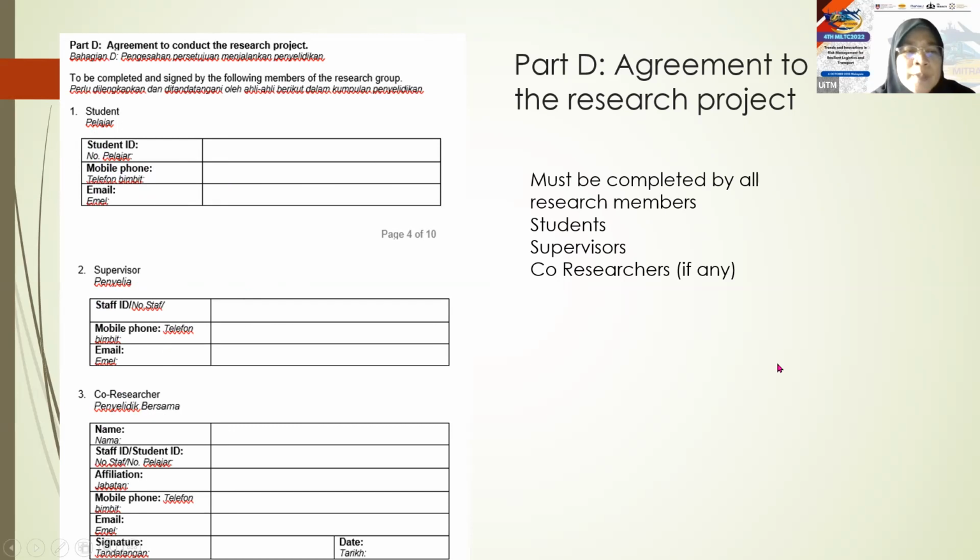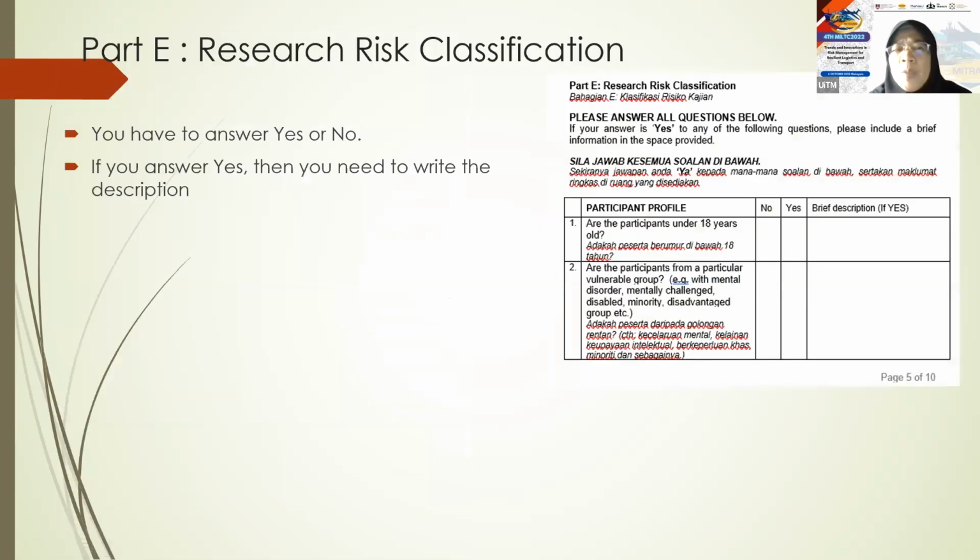Make sure all of them fill up the information, and later we will see in the system whether they will need to endorse in the form or not. Actually, all the researchers need to sign the form upon the submission.